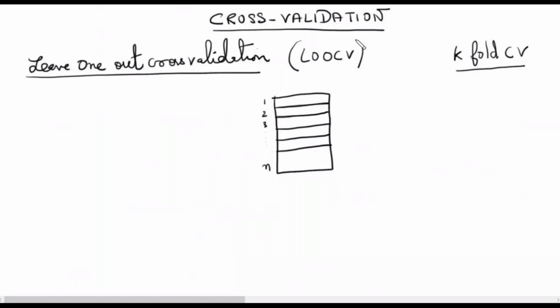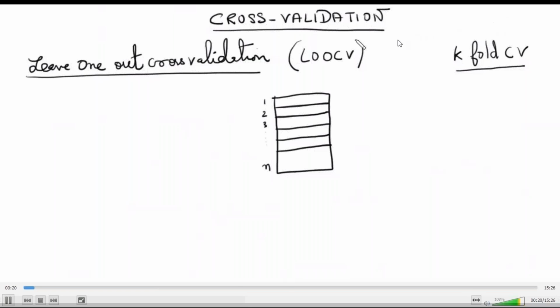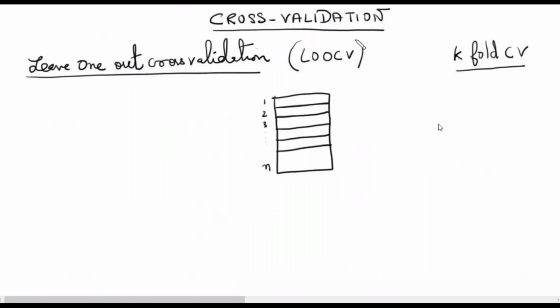So the disadvantage is that when you divide your data into three parts, you really have very little data remaining to train your models, and hence the performance of the model takes a hit. The other disadvantage is your parameters are tuned based on a specific set of records which is present in the validation data. And if the validation data has, let's say, outliers, for example, the parameters might get wrongly tuned.